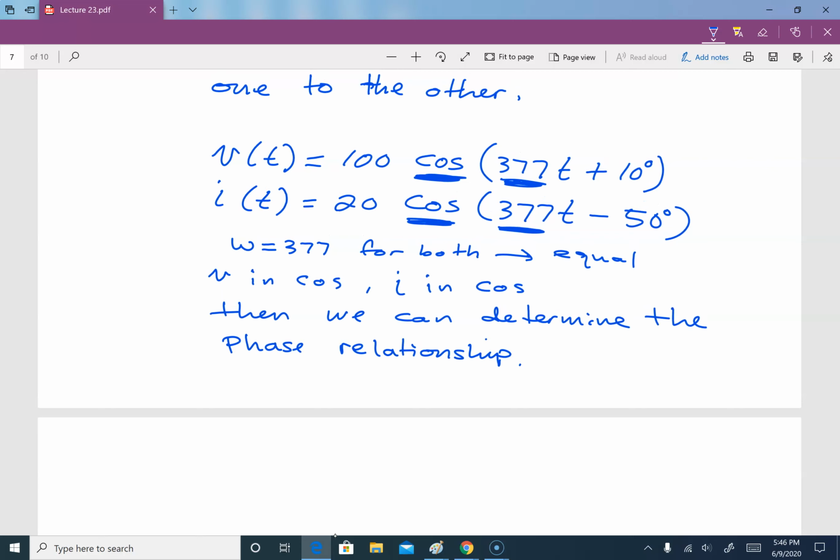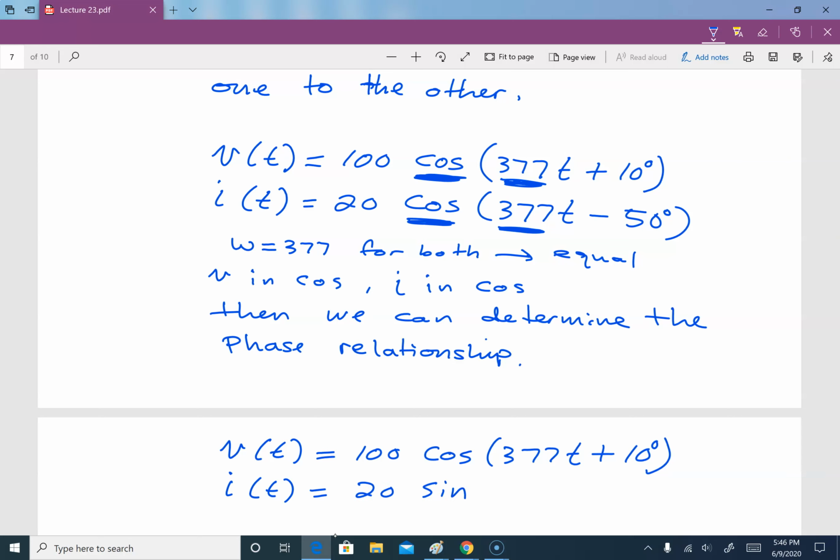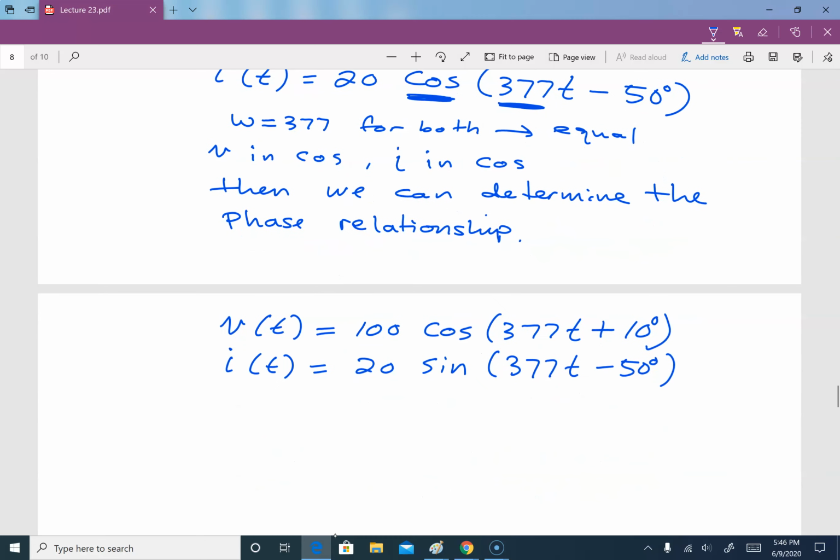Now, if I have V of t equal to 100 cosine 377t plus, let's say, 10 degrees, and I of t equal to 20 sine 377t minus 50 degrees, let's say. So now 377 and 377, they are equal.